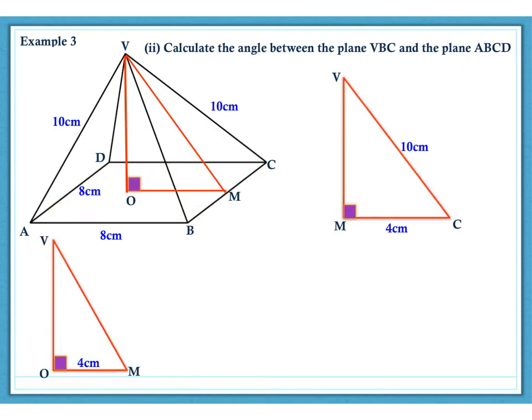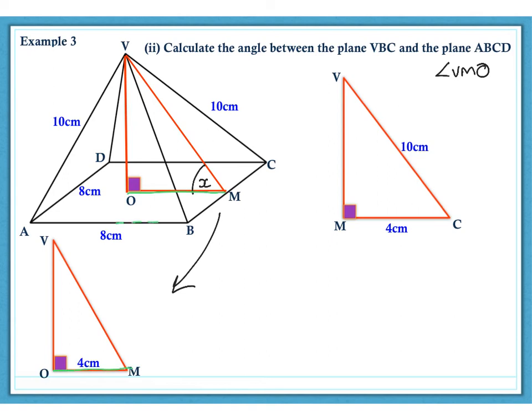And here we have all of our sketches laid out neatly to have a look at. The angle we're looking for, remember, is this angle here. So it's angle VMO, O being the centre of the base, M being the midpoint of BC. And I've sketched it out again over here. So this distance from there to there, O to M, is halfway across the square.